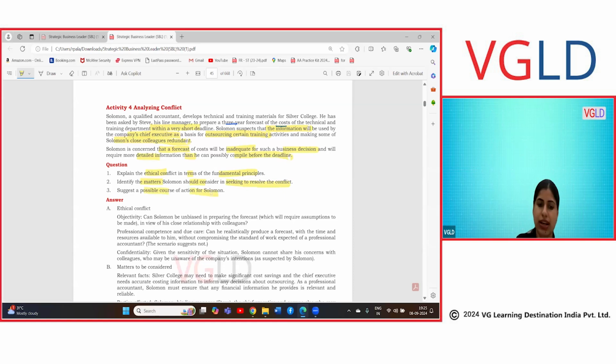Okay, so ethical conflicts in terms of fundamental principles. Whenever fundamental principles are mentioned, follow the PICO. Maybe 2, 3, 5, all of the 5 PICO are to be tested.